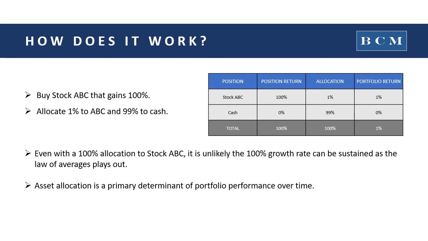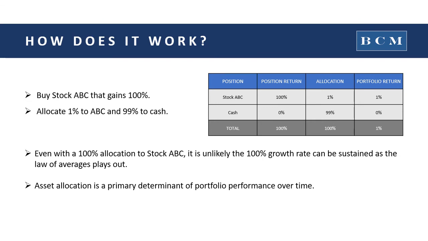So what I'm saying is that I actually only earned 1% on my portfolio. It had little to nothing to do with my stock picking ability and a whole lot to do with my allocation decision, right? This is summarized on the table you see here on the right.